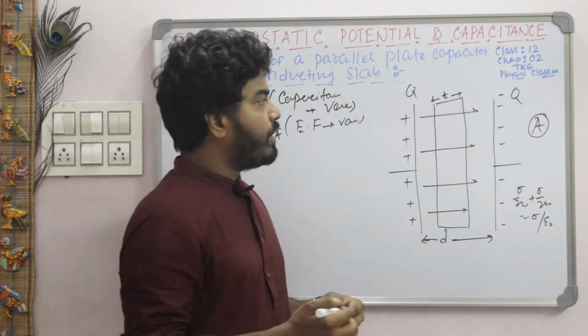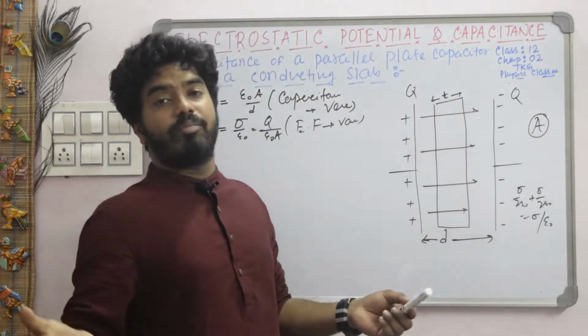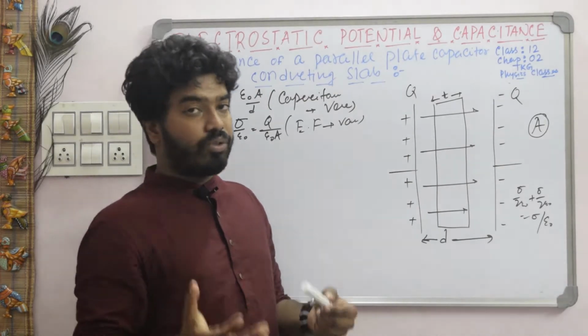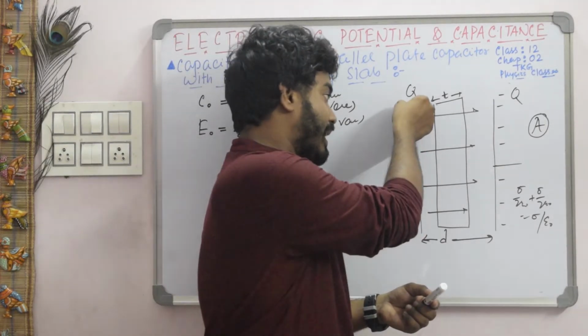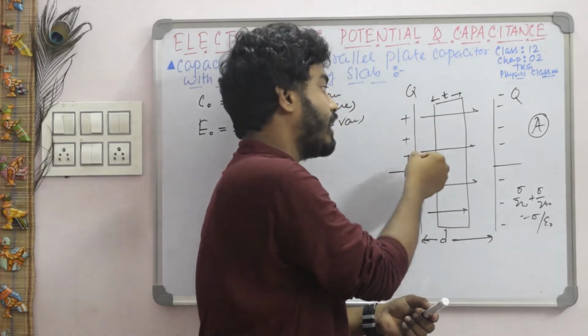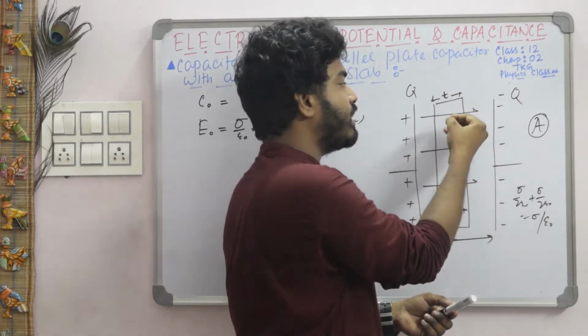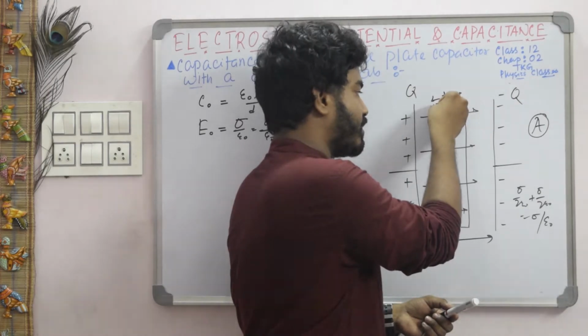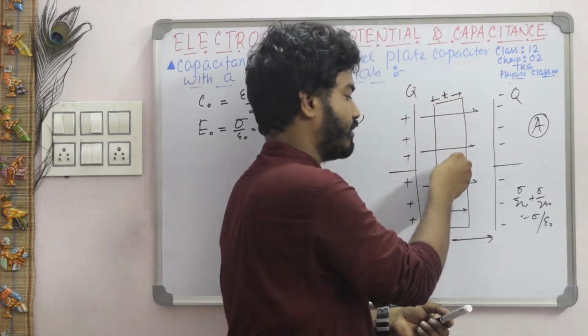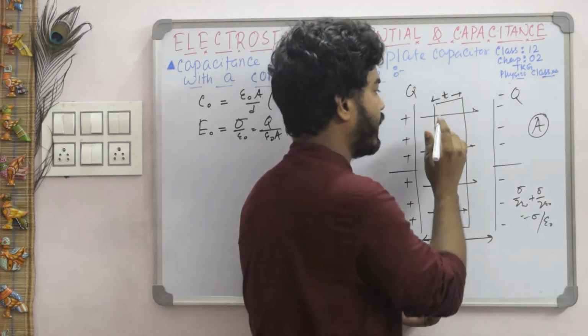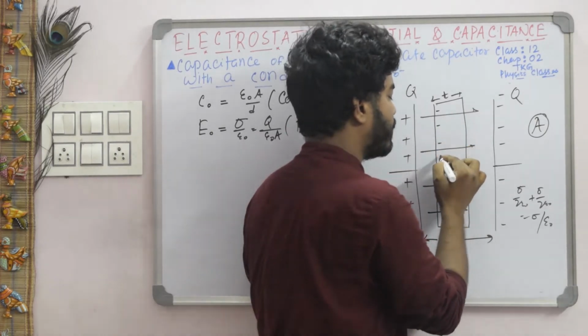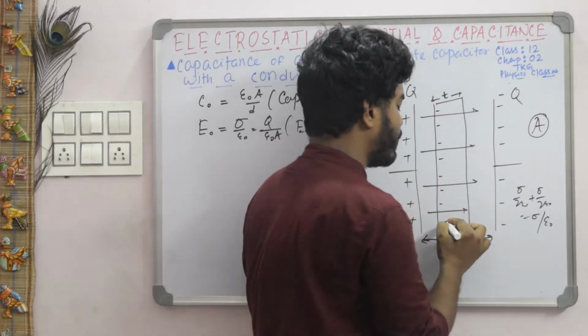You know, in a conductor there is a large number of free electrons. So here, as there is a positive plate and there is a large number of free electrons, these free electrons easily get stored at that side. Negative charge is stored at the left side of this conducting slab.